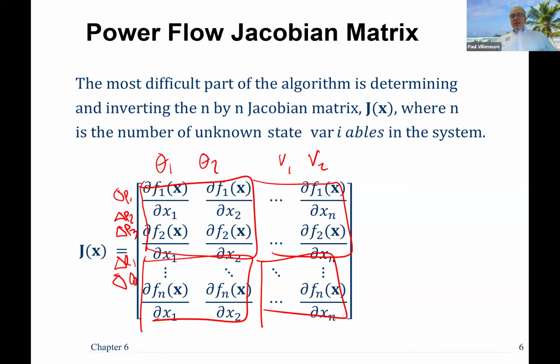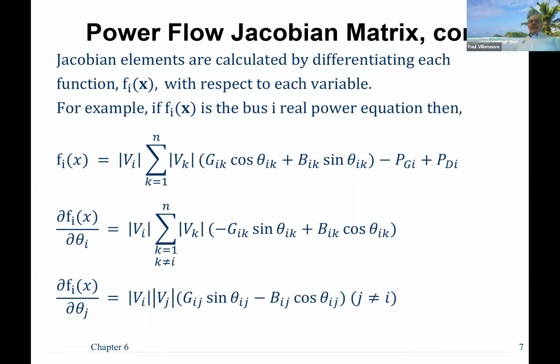Rows and columns, make sure you have it set up. Now, this is totally up to you. But I've got it set up here to show you how to write the Jacobians. So you can see that this Fi of x is the real power balance equation. So this shows you how to calculate the partial of the real power balance equations with respect to theta 1.